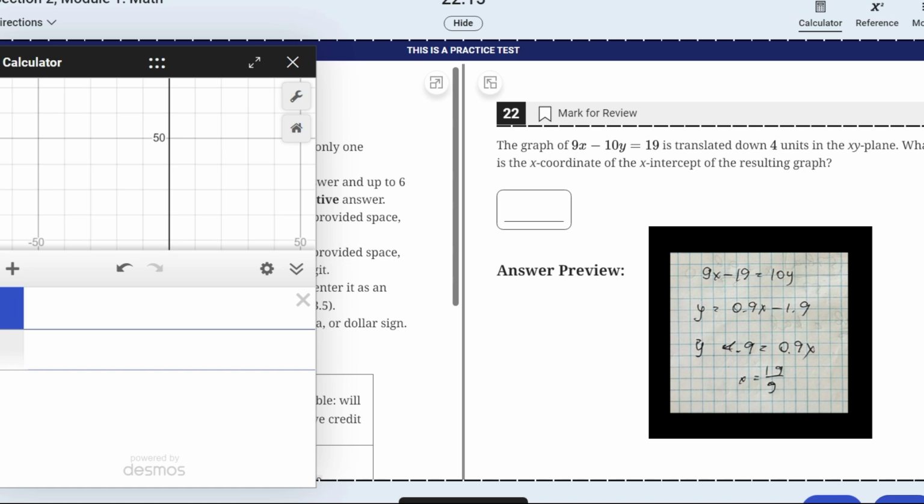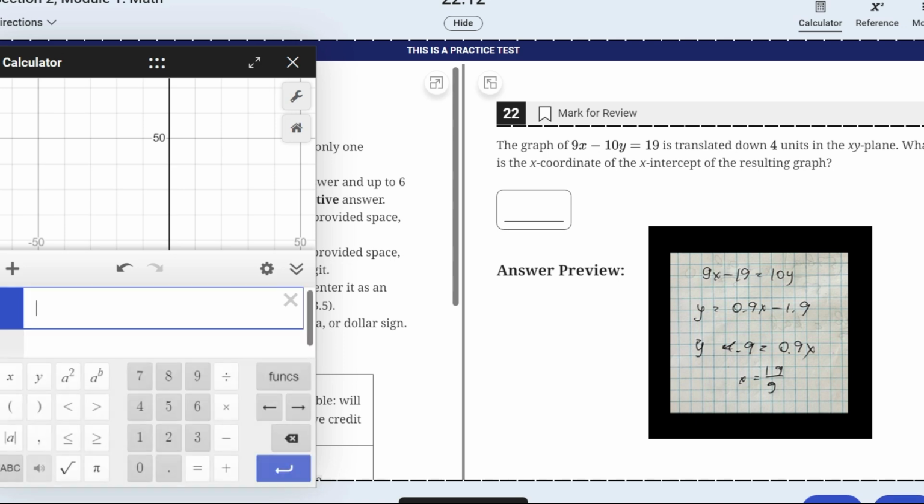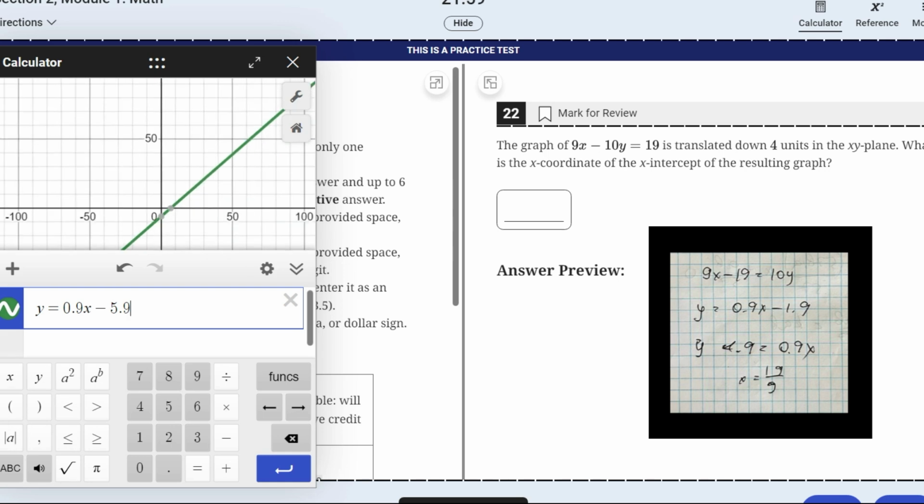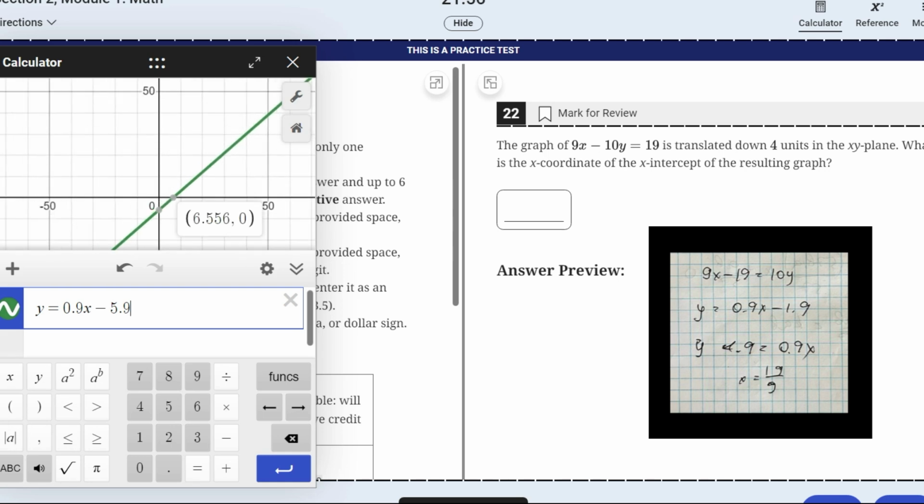If we shift it down, we have to subtract 4 from the entire function. So that way we're getting the following equation: 0.9x minus 5.9. And then we can look for the x-intercept. Okay, I see it's 6.556. Well, we can actually enter this value, but I'm not a fan of this, and I don't want to risk entering the wrong value. So I would just plug in 0 for y and then write the corresponding value.